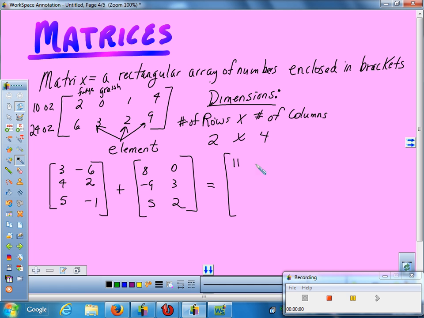So I'd have 11, negative 6, negative 5. Last row? 10 and 3. That's negative 1. And ta-da! You have a resulting matrix. Boy, that was a toughie.